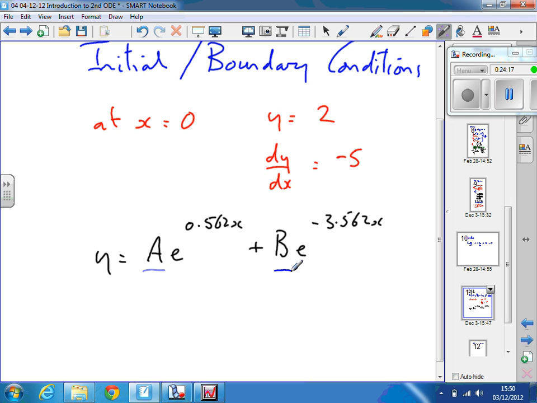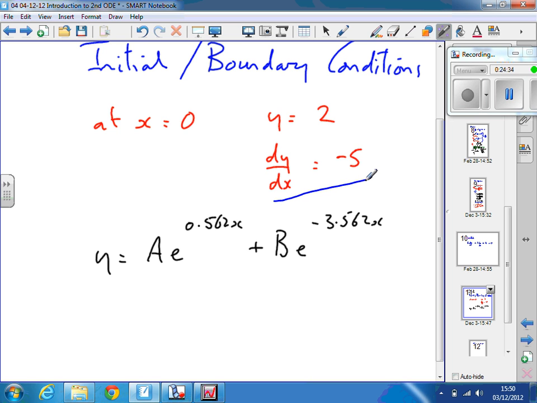So I need to set up 2 simultaneous equations so I can find a and b. The first condition allows me to set up 1 equation, and the second condition allows me to set up another. So I set up 2 equations.